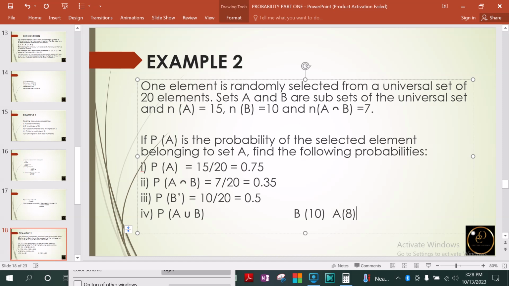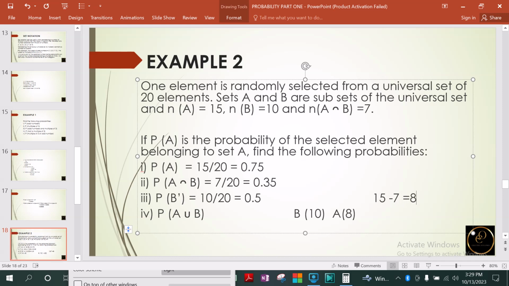Because in A we have 7 which are also part of B, so those which are purely in A are 8. In this particular regard, we are told the number of elements in set A is 15. So this 15 that you are seeing here has common elements which we will remove, that is 7, leaving you with 8.